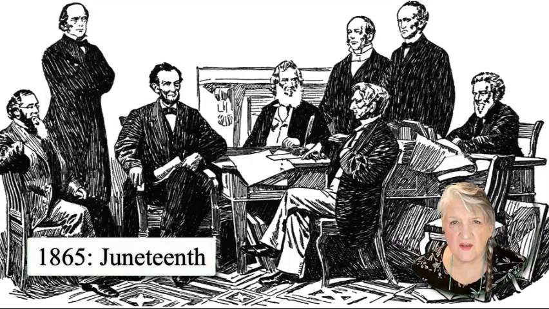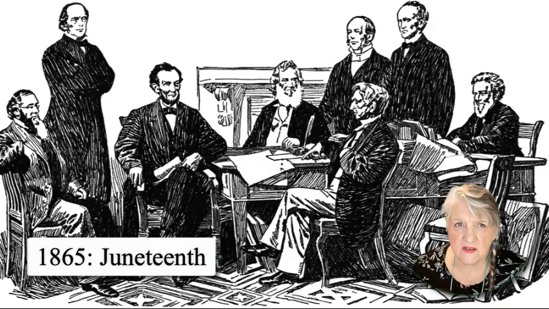Now, as I mentioned at the beginning, June 19th is Juneteenth, and the story on that is that on June 19th, 1862, the United States Congress prohibited slavery in the United States territories. Following that, President Abraham Lincoln issued the Emancipation Proclamation on September 22, 1862.